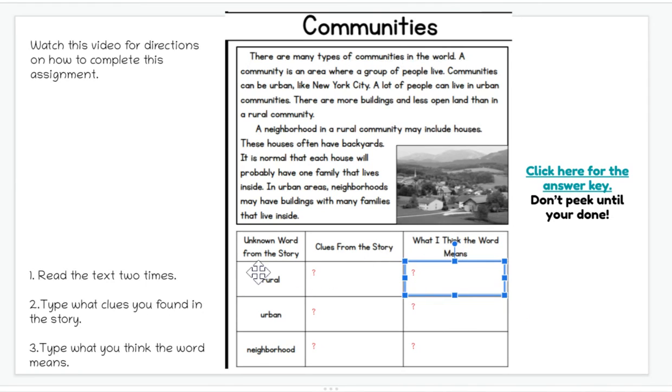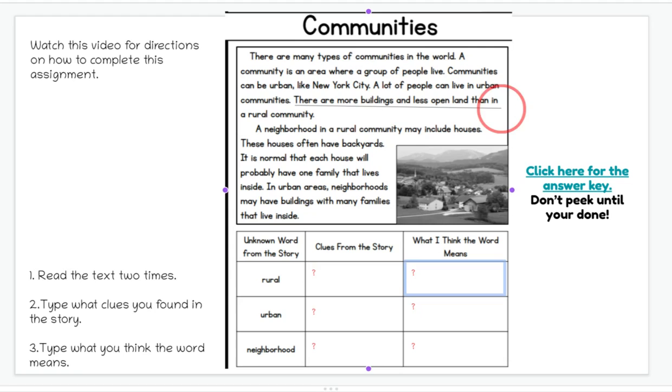So I'm going to help you out with the first one, and then you're going to do the other two on your own. So for the first one, the first word is urban. So I'm going to look in the text for clues from the story. So right here it says there are more buildings and less open land than in a rural community.